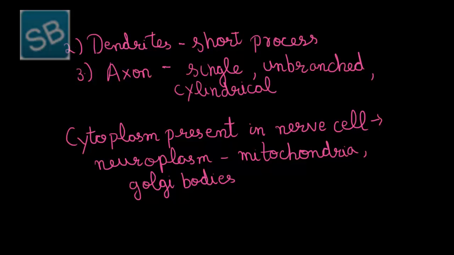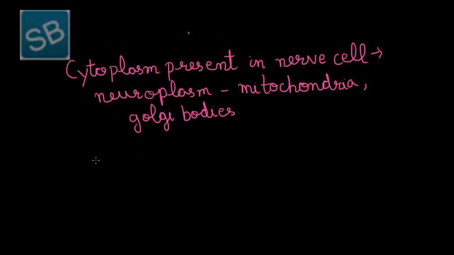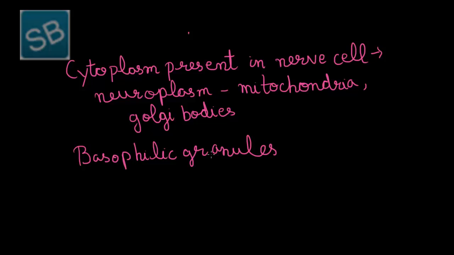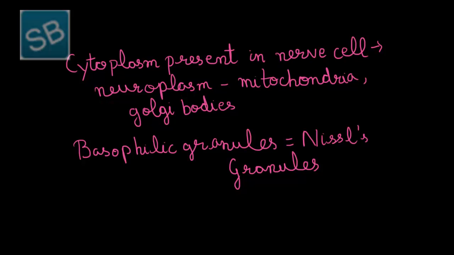Now these Golgi bodies possess various types of basophilic granules. These basophilic granules present in the neuroplasm are known as Nissl granules. The neuroplasm containing nerve fibers represents a very complicated network structure.